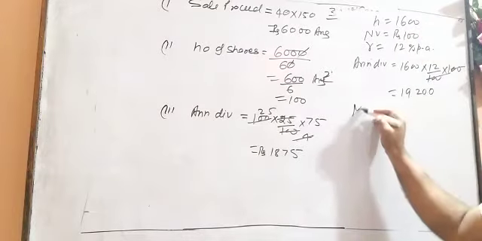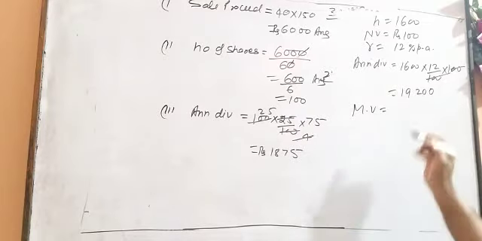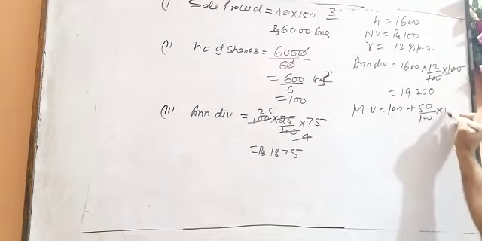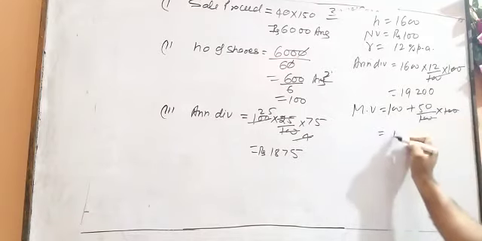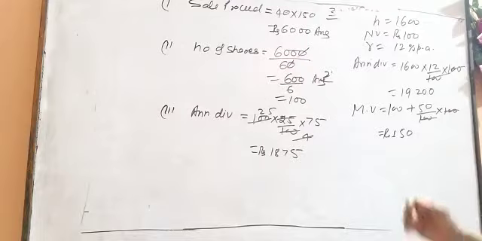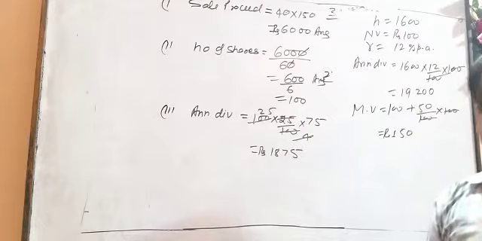So let us find out the market value of the shares when premium of 50% is there. So 100 plus 50% of 100, which comes as 150 rupees. So when Mr. Khanna purchases the shares at rupees 150, what percentage return does he get on his investment?